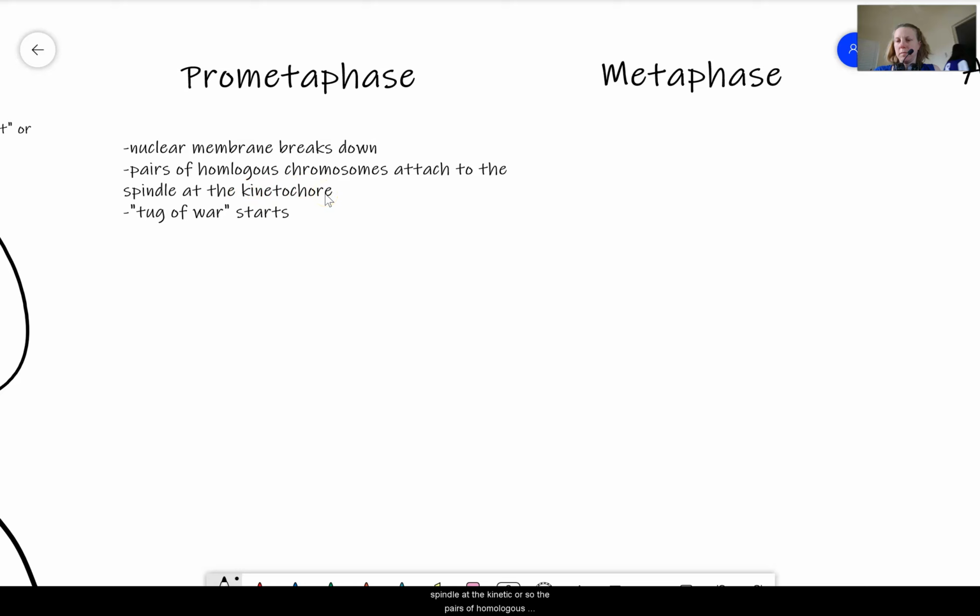The homologous chromosomes as tetrads are still stuck together, and they attach to the spindle by the spindle grabbing onto the kinetochores of these chromosomes. And this is where the tug of war starts, where the spindle starts pulling back and forth in both directions in order to help separate and divide up these chromosomes.